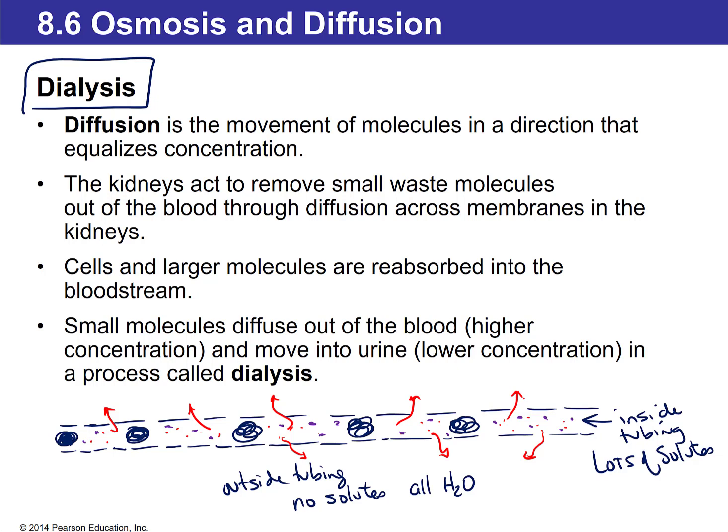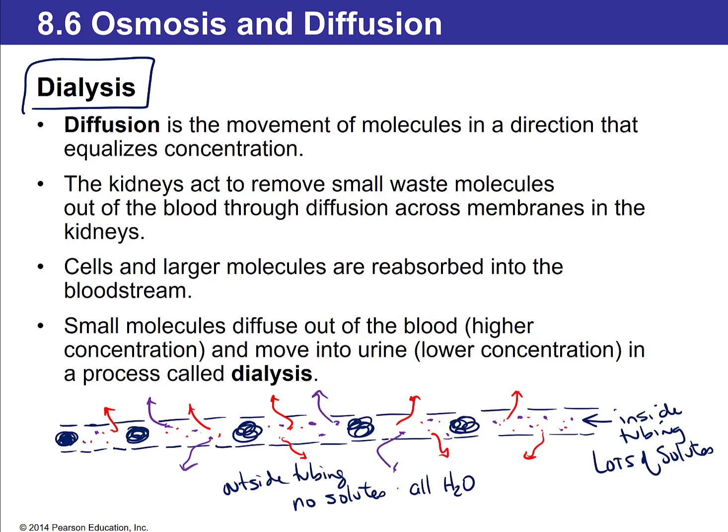Did they all come out? No. Again, it would go until it's isotonic. So the salt would go from high to low until you had salt balanced with the salt inside. How about the glucose? If the glucose was small enough, I did that one in purple. So the little one, the medium, if it could move, it would.